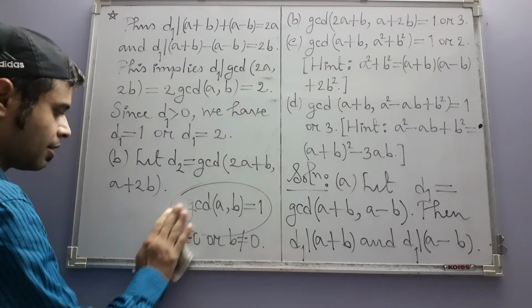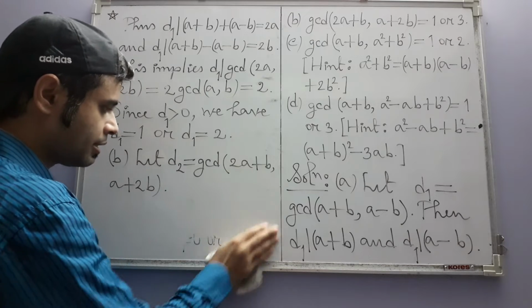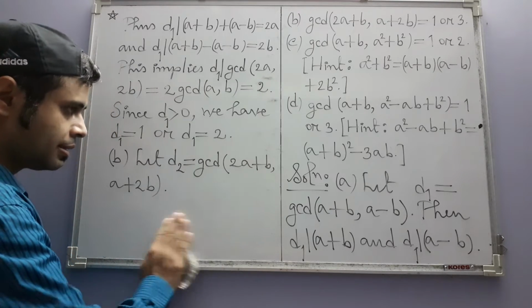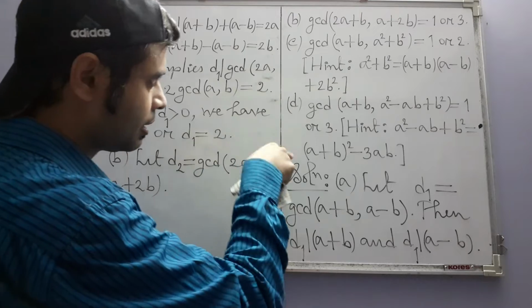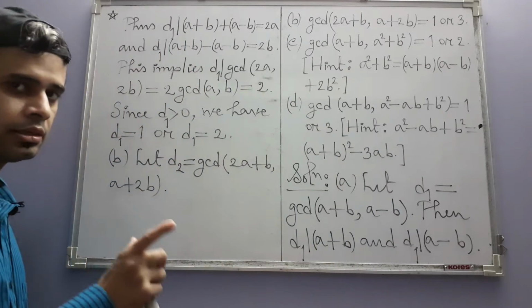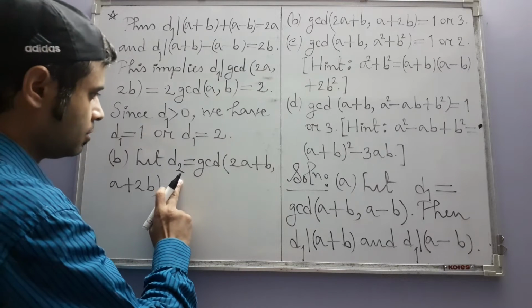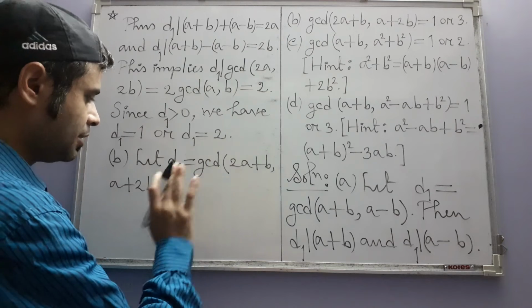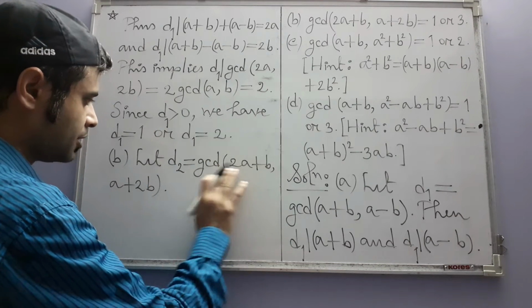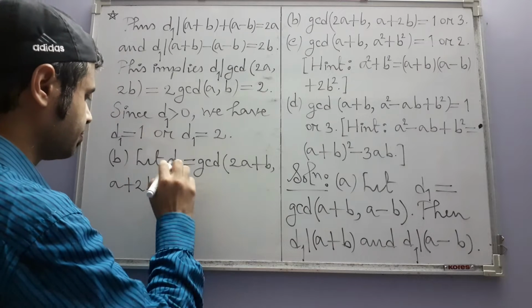So that part is left to you, to show in the beginning that the GCDs you are considering exist in the first place. So leaving that to you, I am now simply writing: let D2 be the GCD of these two things.